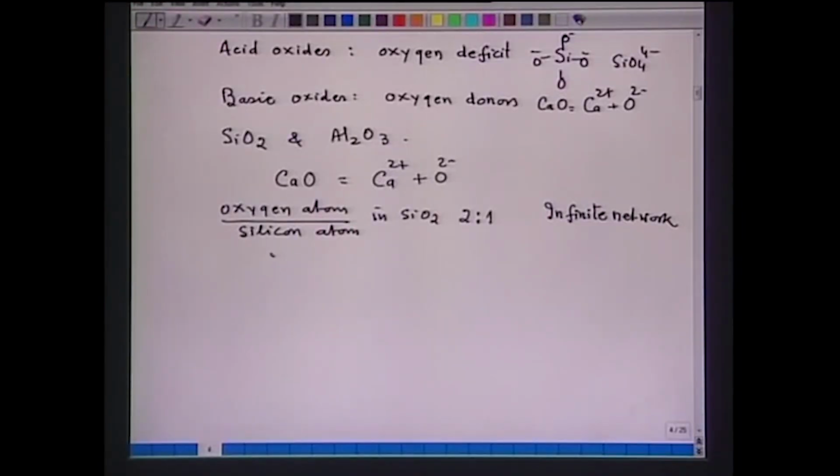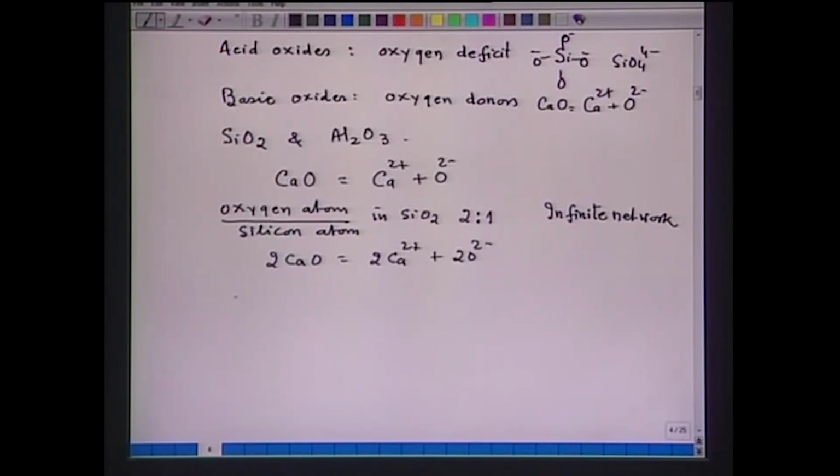I know that if I add 1 CaO, I am putting in 1 O2- ion, and 1 O2- ion can break 2 vertices of the tetrahedron. So, now I add, for example, 2 CaO, and 2 CaO will give me 2 Ca2+ plus 2 O2-.